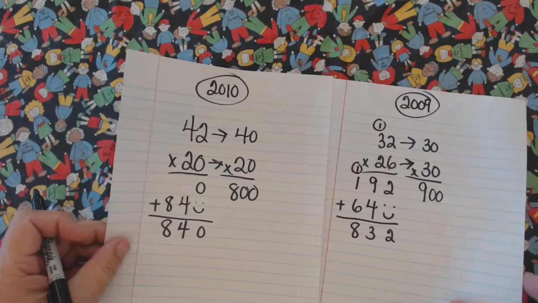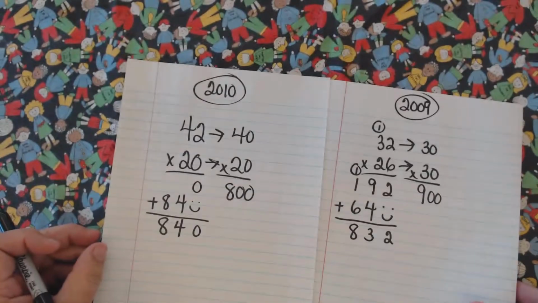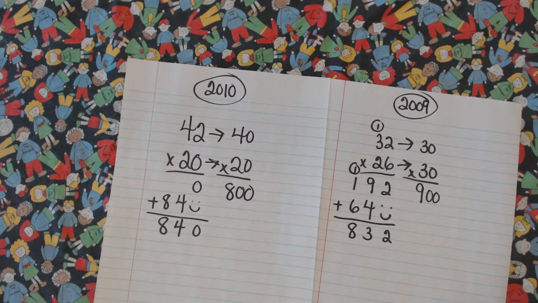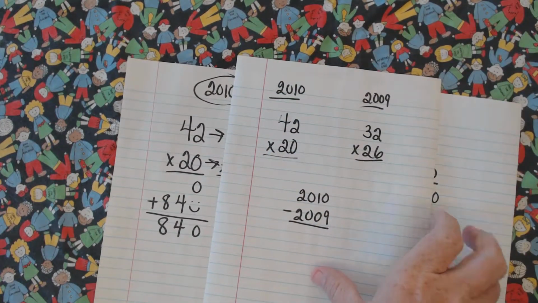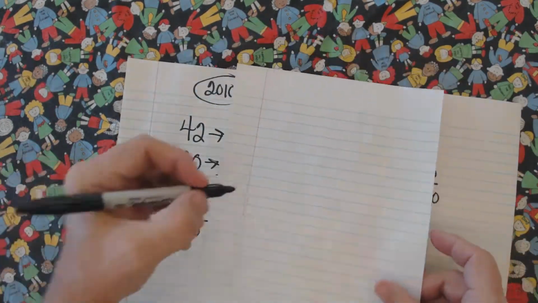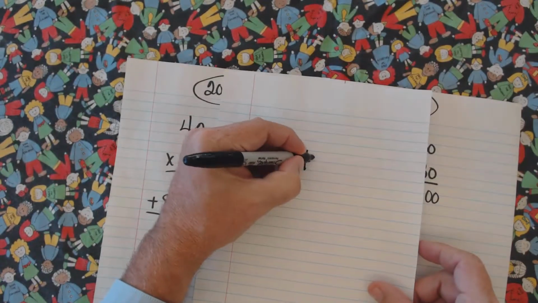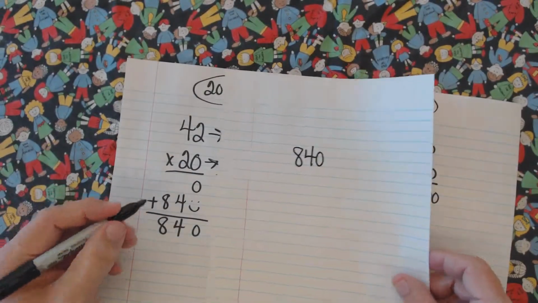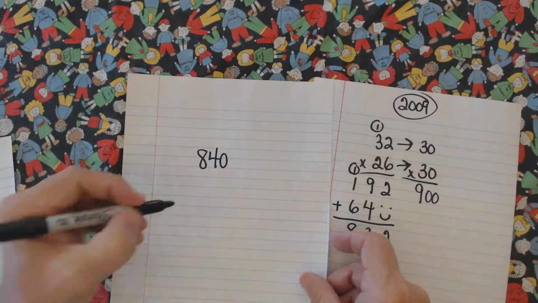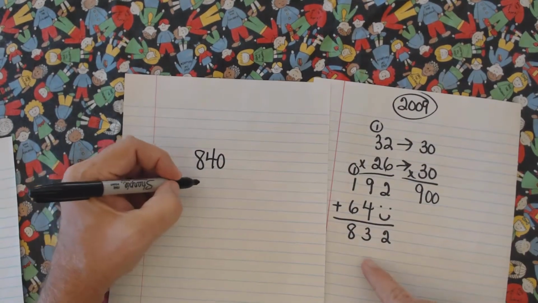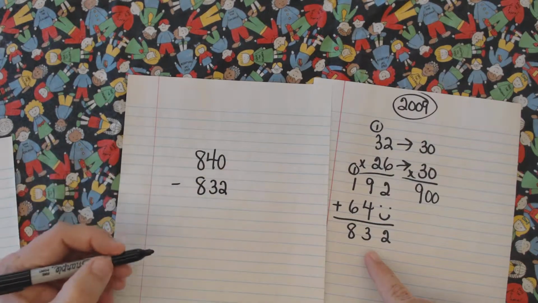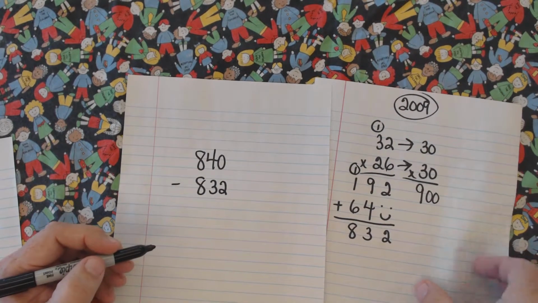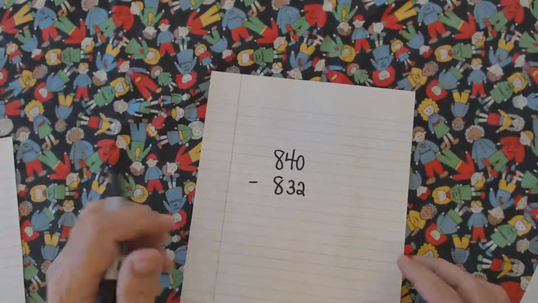So we have how many in 2010, how many in 2009. Now we need to, if you recall, subtract. So we'll take 840, which is how many bald eagles were found in 2010, and we're going to subtract from that 832. That's how many birds were counted in 2009.